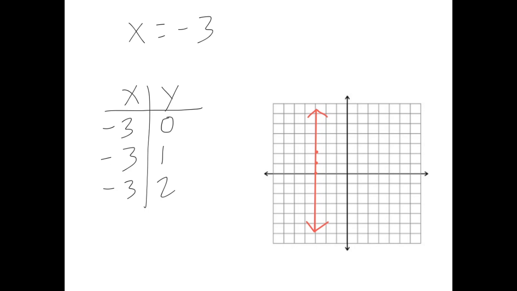The line we have is vertical, so it's parallel to the y-axis, so that means it'll never touch. So there is no y-intercept here, and also we don't have a slope. There's no slope. It's a straight up and down line, and we actually call this an undefined slope.